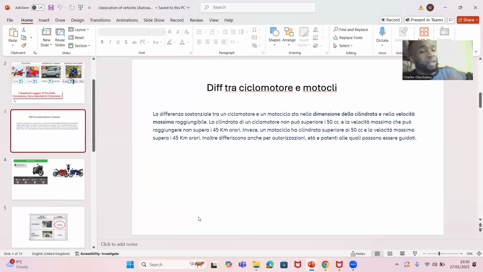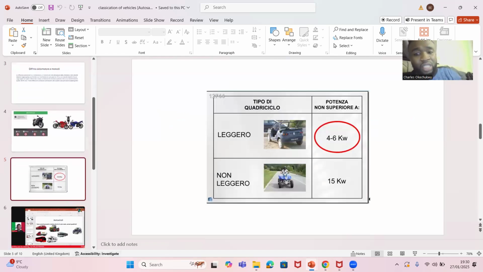For quadricicli non-leggeri, the horsepower can also arrive at 11 kilowatts, but it will never be more than 15 kilowatts. Some of them arrive up to 11 kilowatts, some of them go more than that. Is it clear? For non-leggeri, the maximum is 15 kilowatts.